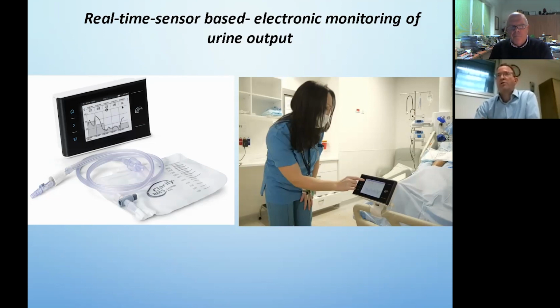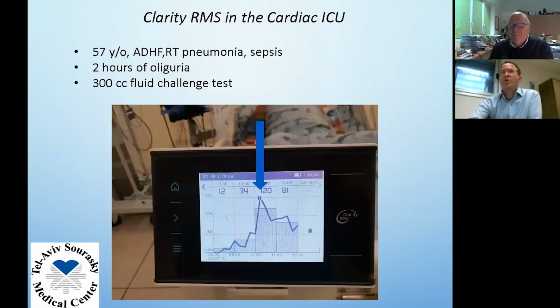The system also gives us an alarm following an observed 2 hours of oliguria. And I have a few examples of patients who were connected to this system in our ICU.